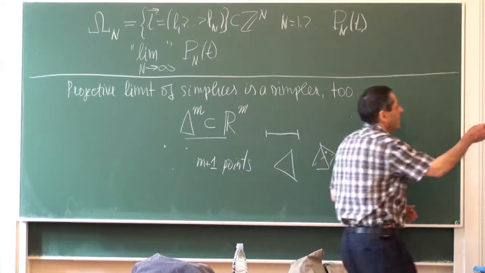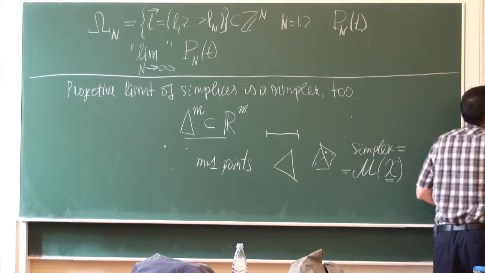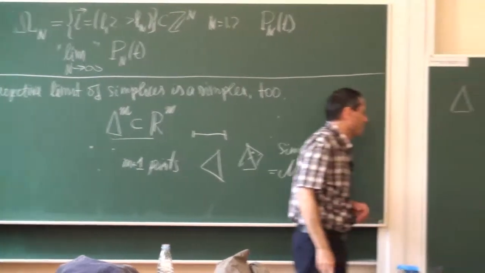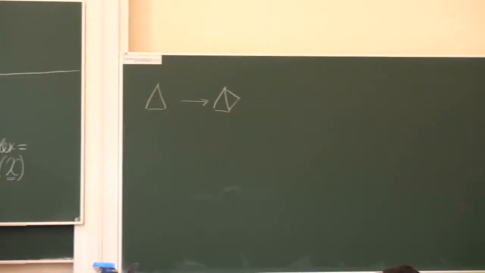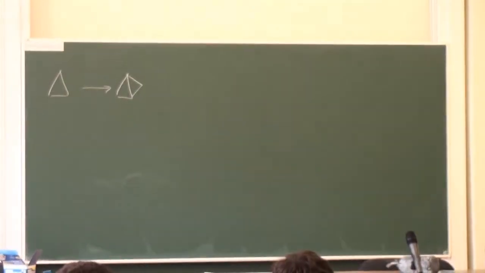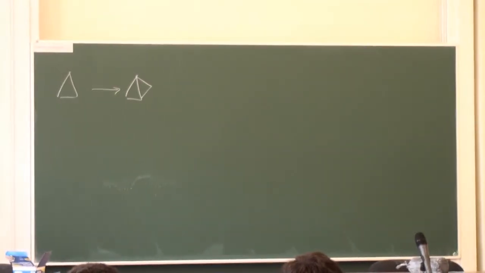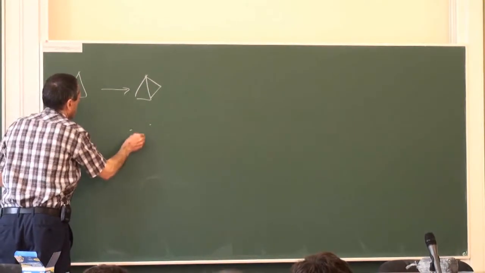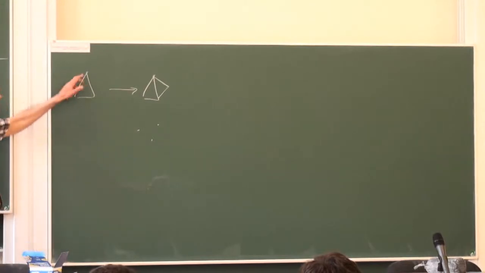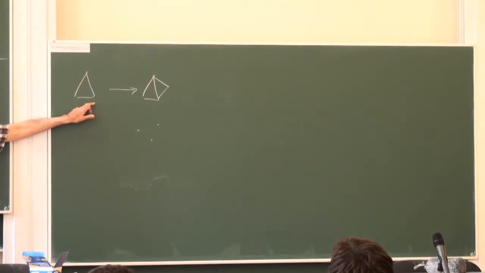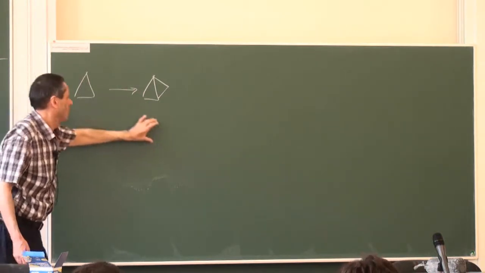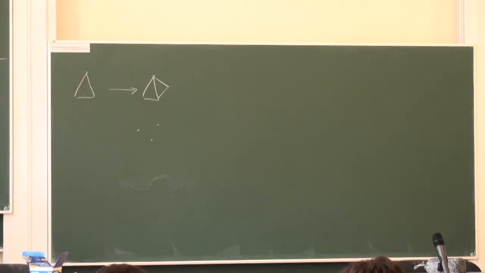This is a map from one simplex to another simplex, which preserves the operation of taking barycenters. So to define such a map, it's enough to indicate what are the images of the vertices in the discrete case. Once this is done, the affine map is defined uniquely.